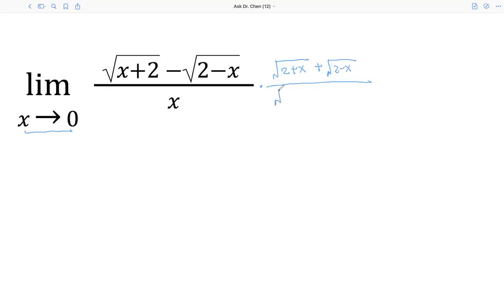Then we have to multiply in the denominator the same thing, because we can only multiply by 1. And 1 is a transformer. It can be anything divided by itself.